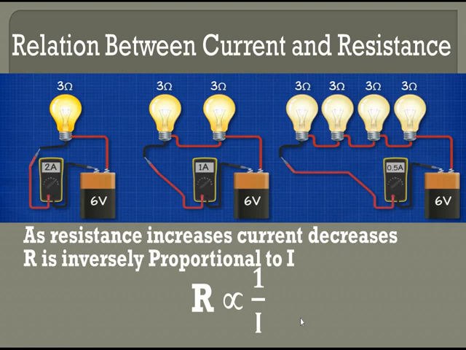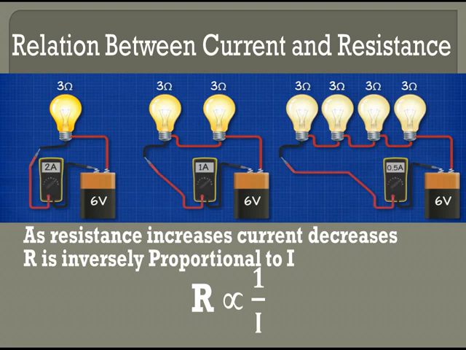Then we are going to find out the relation between current and resistance by using another experiment. In this experiment we connect a 3 ohm resistance to a 6-volt battery and measure the current. Current is 2 ampere. Then we increase the resistance.